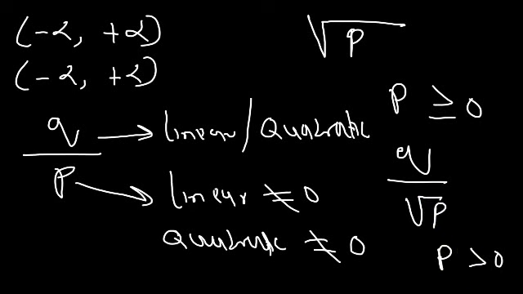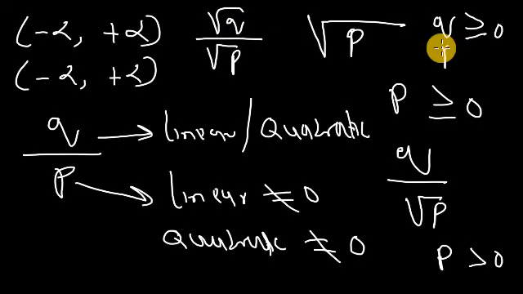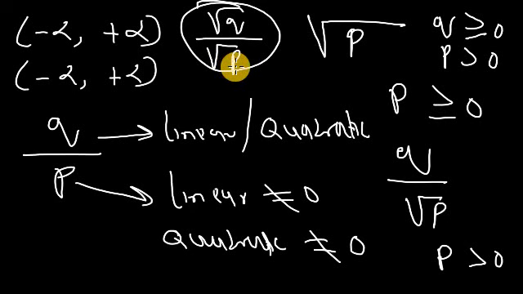It must not be equal to 0. And if I have square root of q divided by square root of p, then in this case I'm going to set q to be greater than or equal to 0 and p to be greater than 0. And I'm going to find a region that works for both the numerator and denominator to keep on being a real number and not an imaginary number or undefined.